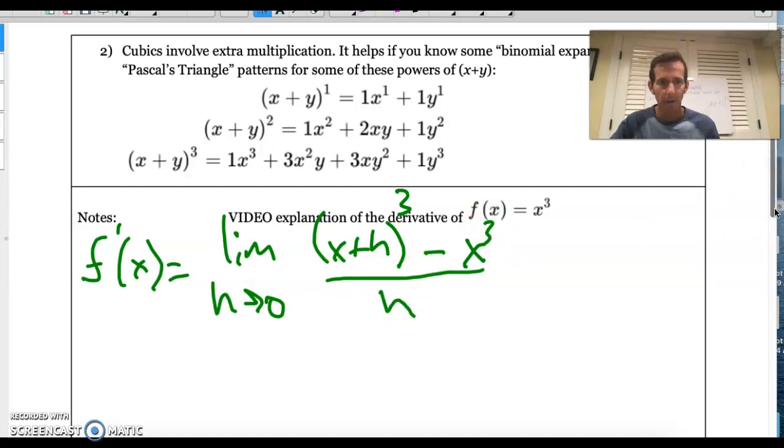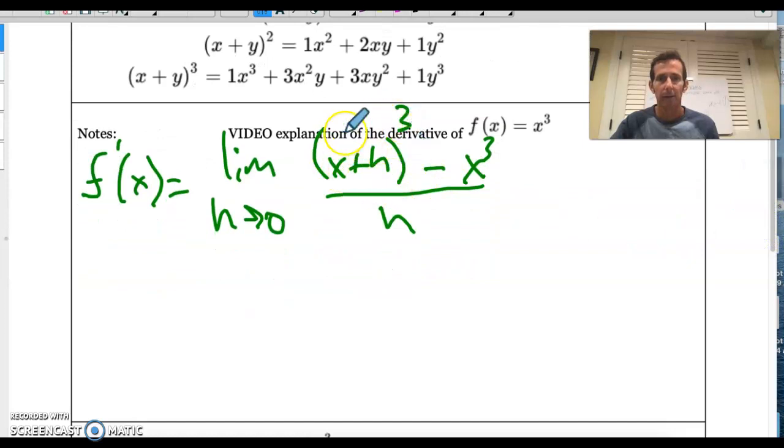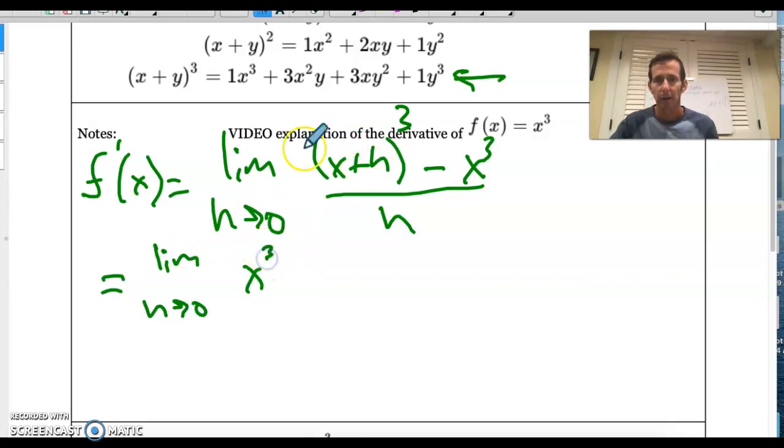And now I can expand this using this one, because I don't have any extra coefficients in there. So this is going to continue to equal the limit as h approaches 0. If I expand this, I'm going to get x cubed, plus 3x squared h.